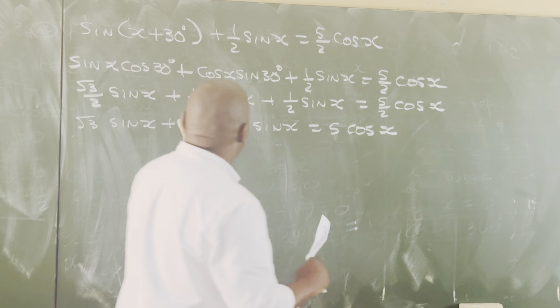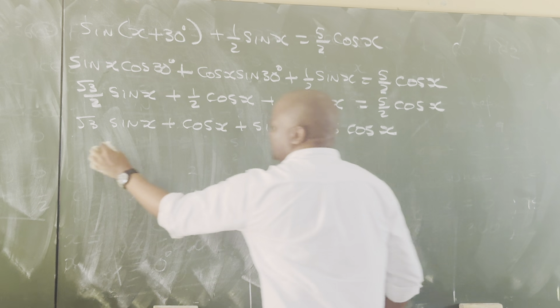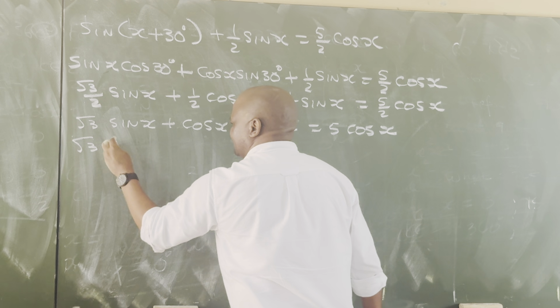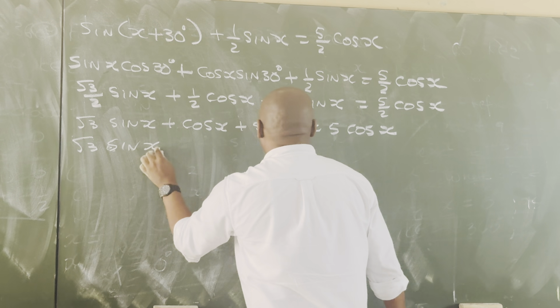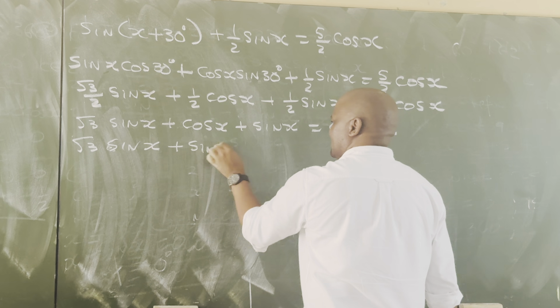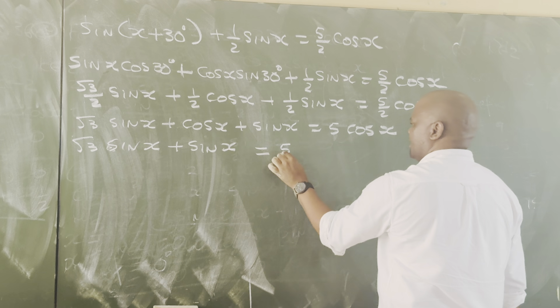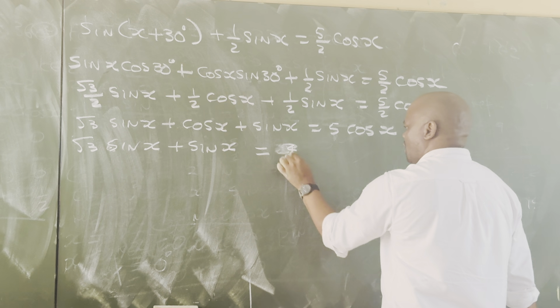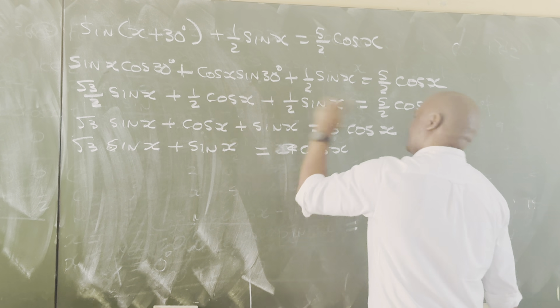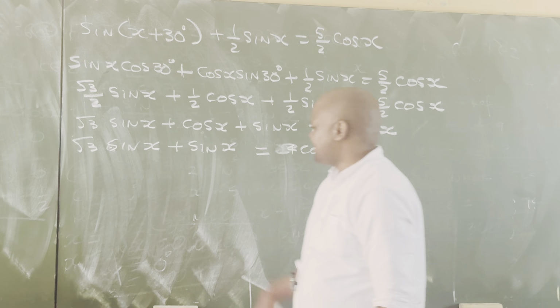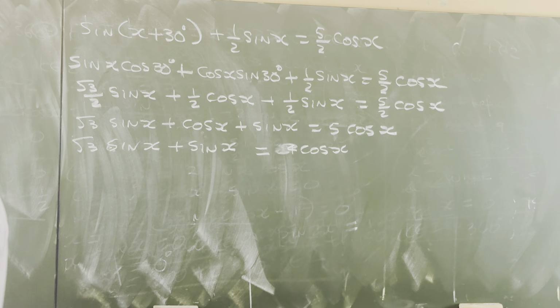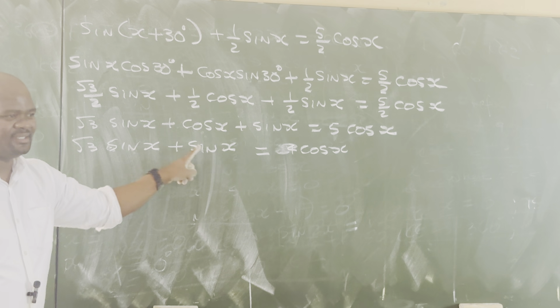Okay, so let's take the terms for cos to the other side. So this is root 3 sine x plus sine x is equal to 4 cos x, if you take this one to the other side. And then how do we add these two? Who has a method for adding these two?